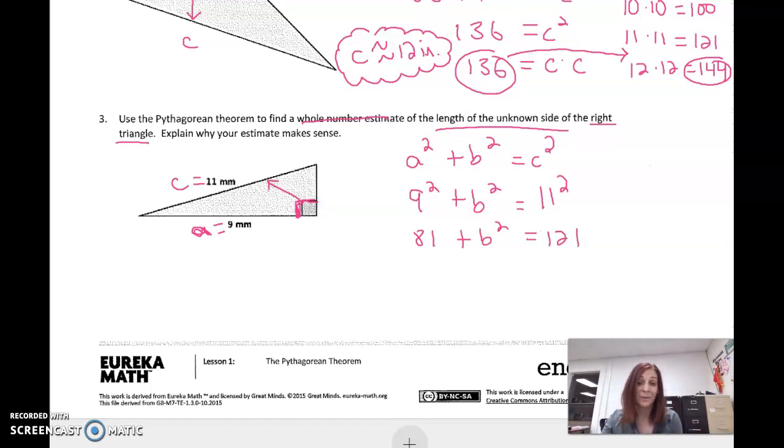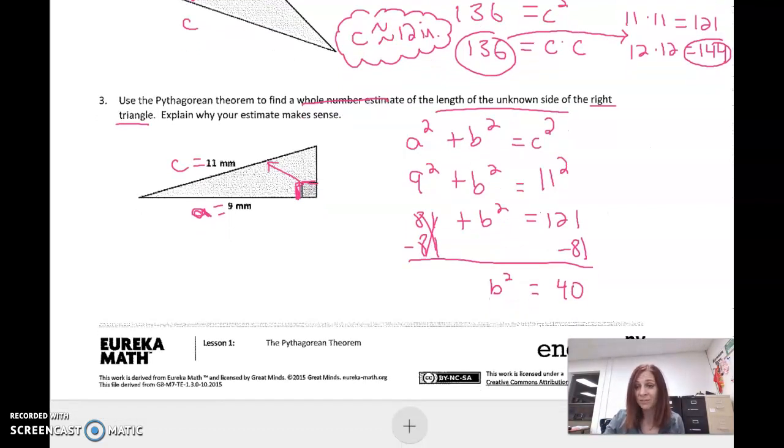Solving for b squared, I've got to get rid of the 81, so I'm going to subtract 81 from both sides. I sound like a broken record, I know, but that just means the more you do it, the easier it gets. It starts becoming automatic. B squared equals 121 minus 81, which is 40.